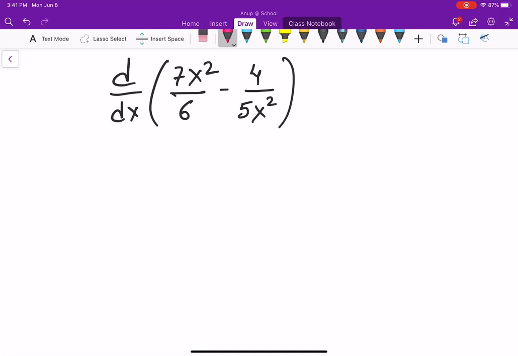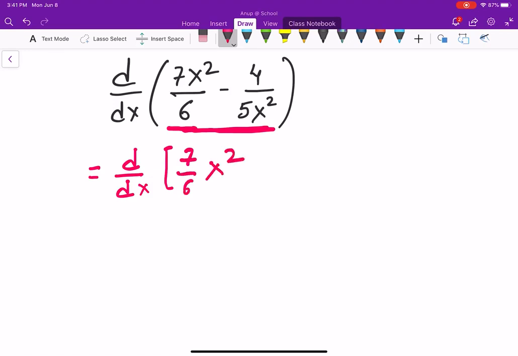Find the derivative of 7x square over 6 minus 4 over 5x square. So this is the function we are given, and our goal is to find its derivative. Let's rewrite this function: the first term can be rewritten as 7 over 6 times x square. I just want to separate the coefficient, or the constant, from the function.